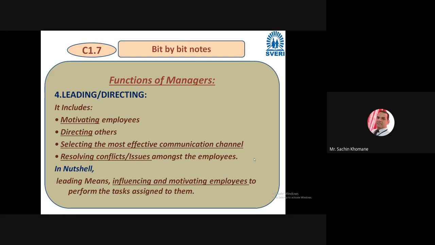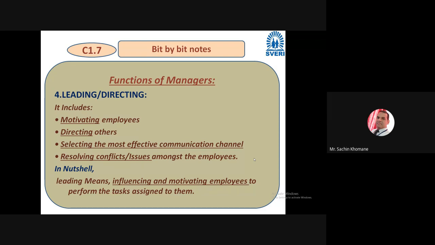So who will resolve those issues and conflicts from employees? Obviously, the manager, right? So the concerned manager should handle this issue and he should resolve it. Not only handle, he has to resolve that issue, right? Then in short, you can say leading means influencing and motivating the employees to perform the tasks assigned to them.